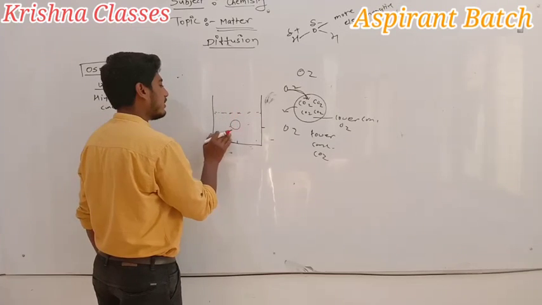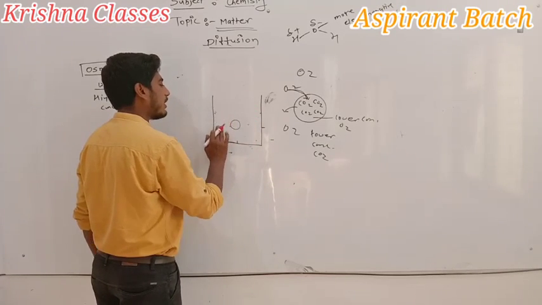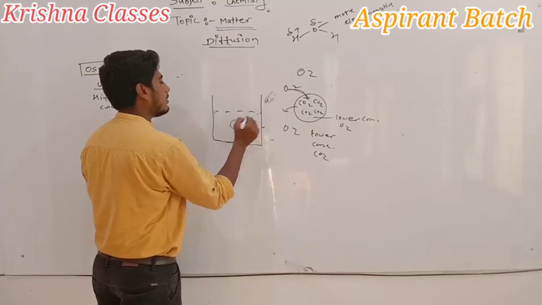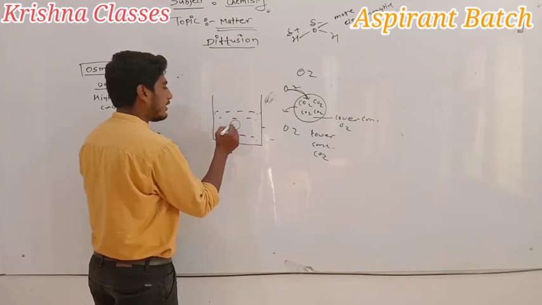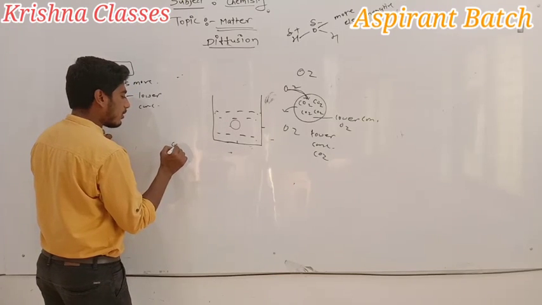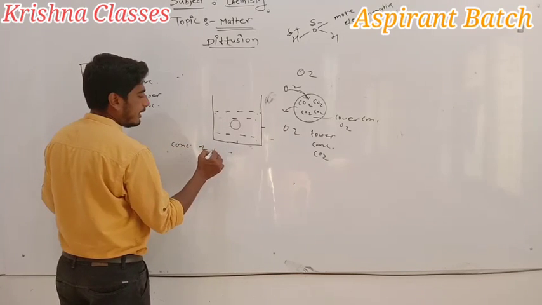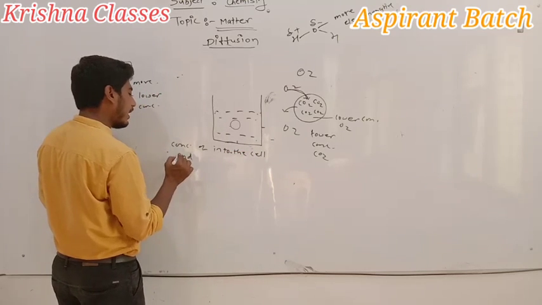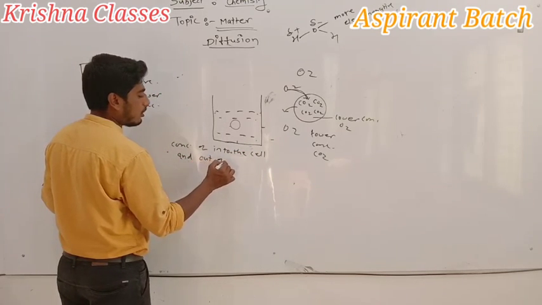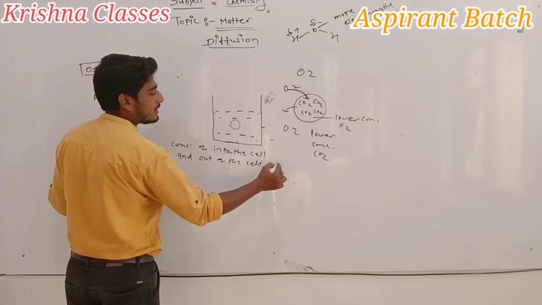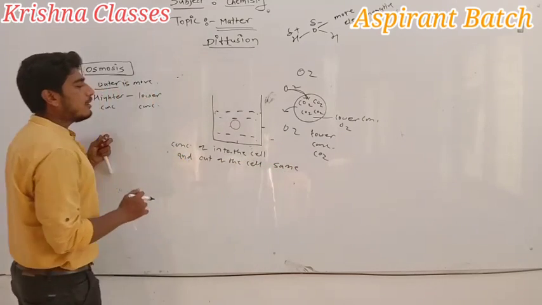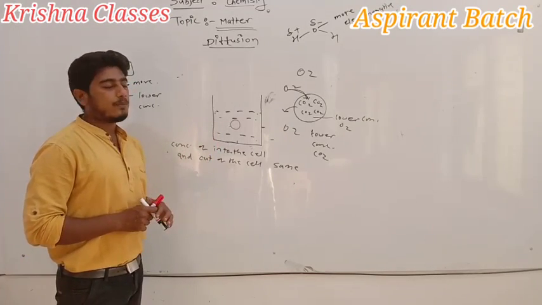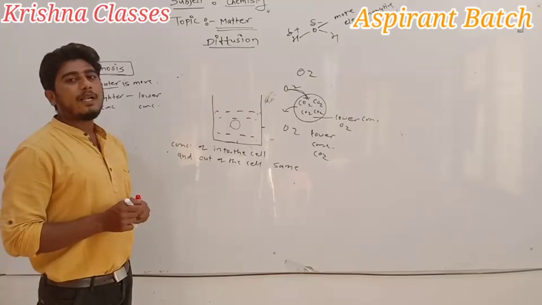Suppose in the first case only water is present inside the beaker. That means the concentration level is the same: the concentration of water into the cell and out of the cell is the same, so there is no movement of water.